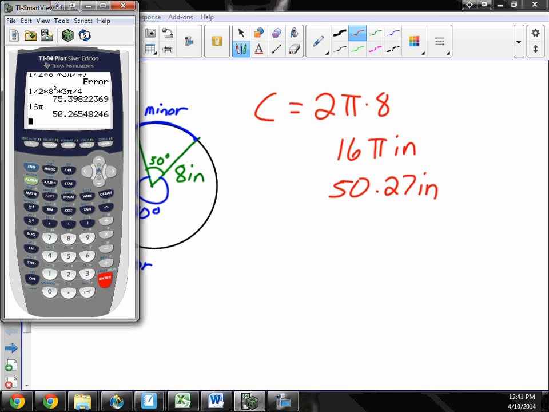Now what? Let's type in 360 divided by 50, and I get 720%.